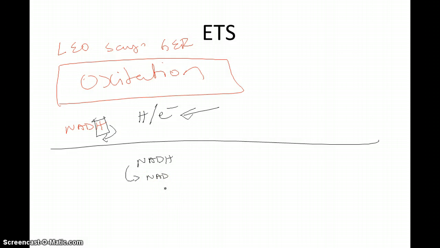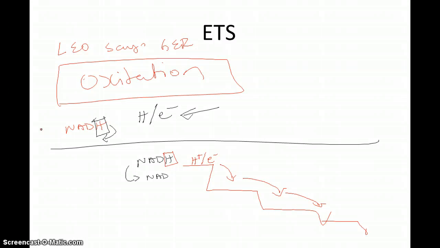Now pay close attention. A gradient will be formed, and the electron, this hydrogen, the H plus and e negative, is going to go down the gradient. Each time it goes down the gradient, an ATP is produced, because the matrix of the mitochondria is storing all these various compounds.